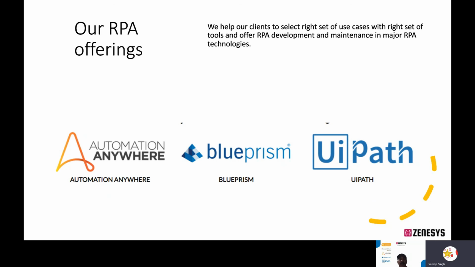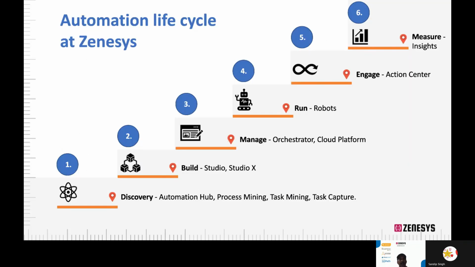All right, so let's keep moving, and let me take a look at the clock. Looks like we are coming towards the end. So take a look at the automation life cycle. As I was saying, we follow a pretty standard life cycle at Zenesys, and we do all the phases, from discovery phase, build phase, manage, run, engage, and measure.